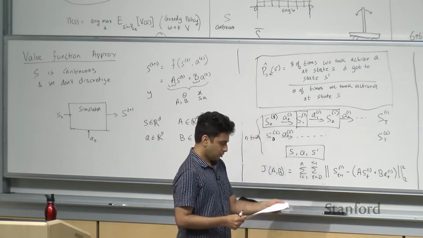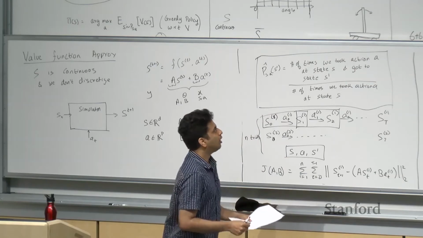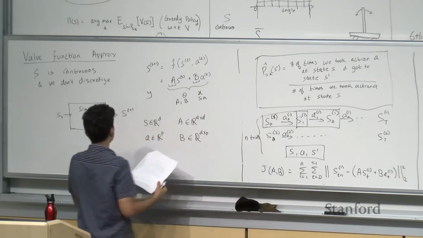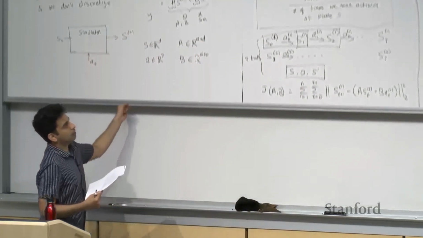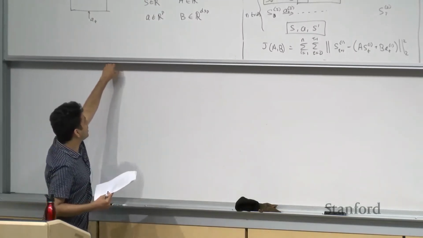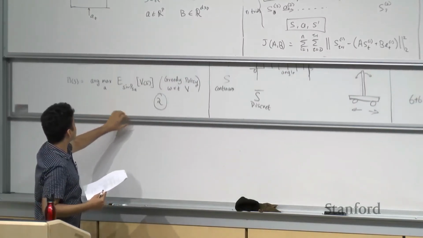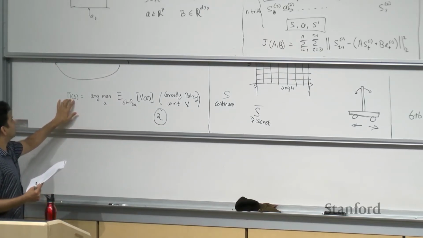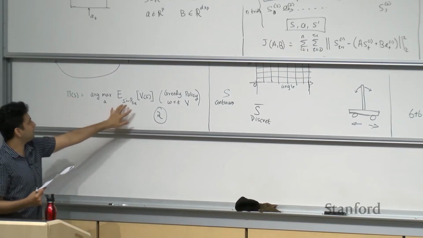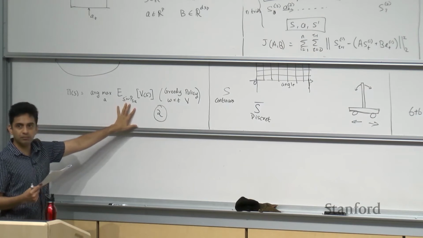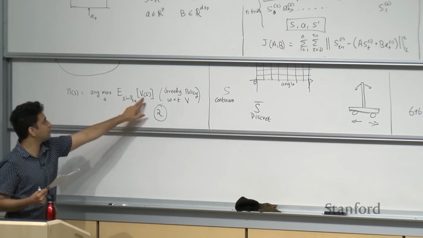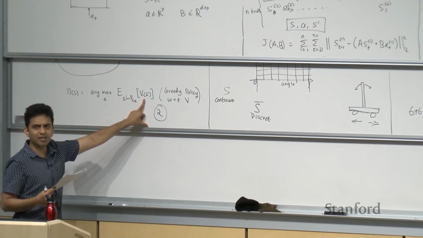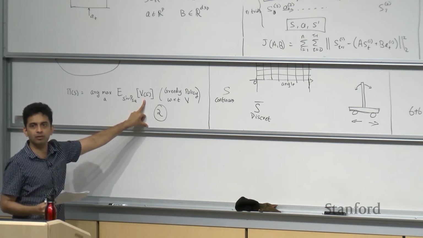One thing to notice: should a policy always be a function? If you see this relation over here, the induced policy according to some V need not actually have any particular functional form.